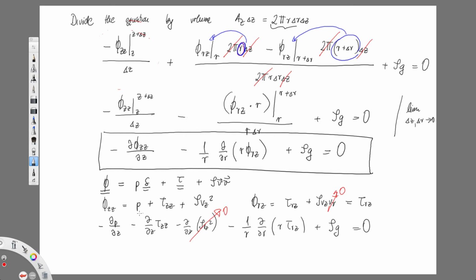Okay. And again, taken once more, however I take it, there's no dependence on z. So I will write this down as 1 over r partial r of r tau rz equals minus dp dz plus rho g.